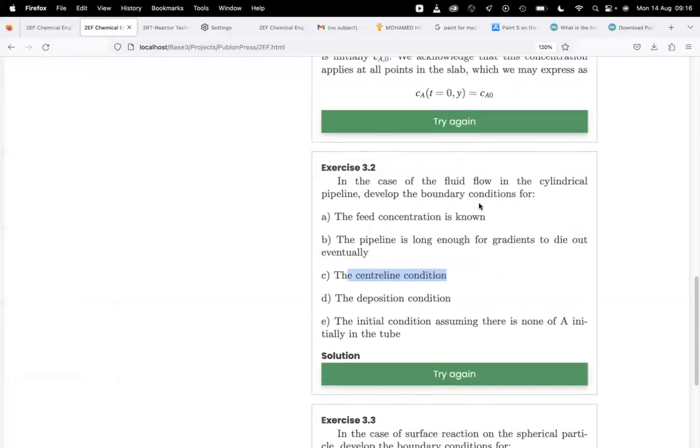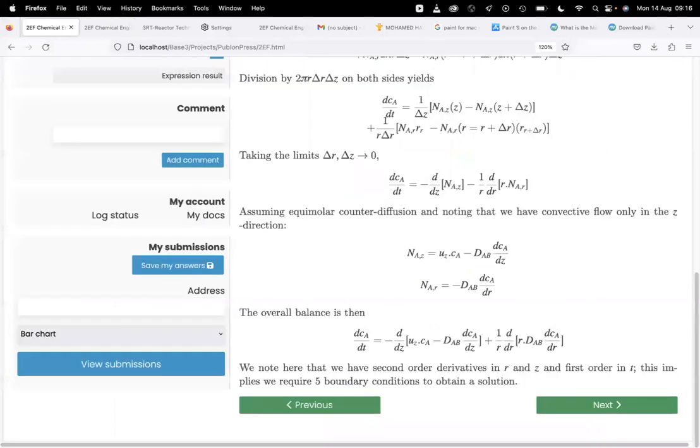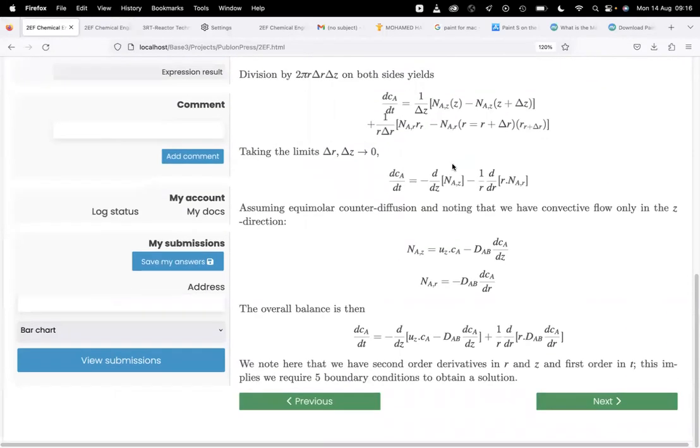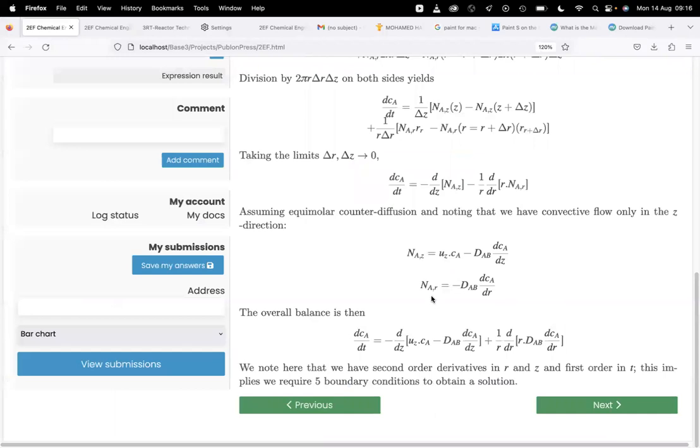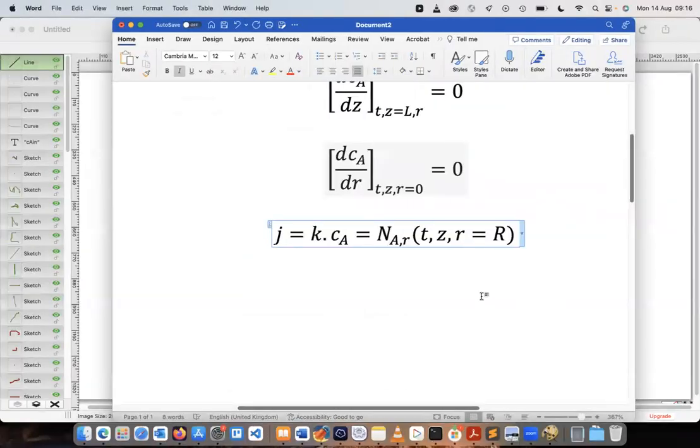So if we go back here to our balance, we said the flux in the radial direction was equal to this. So we can replace that NA by this term.